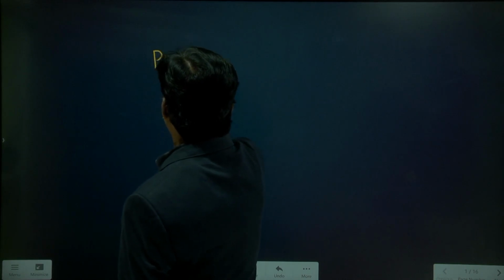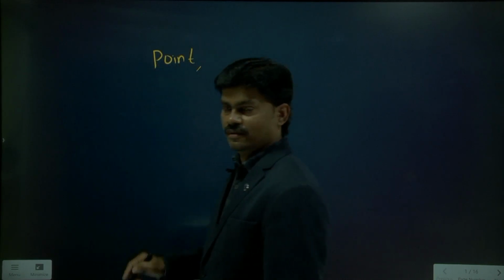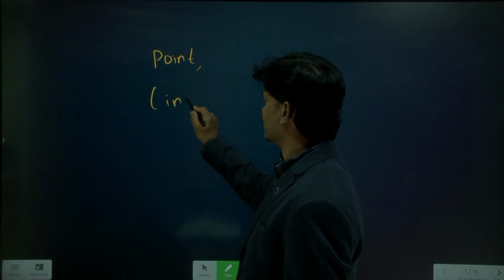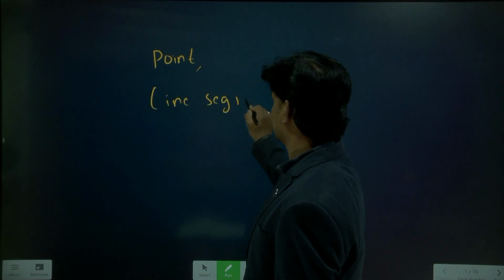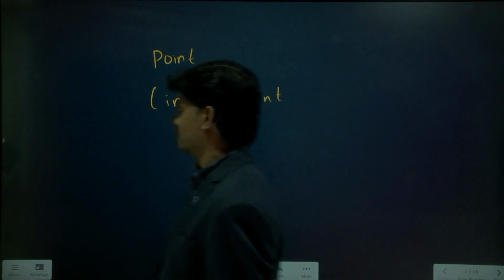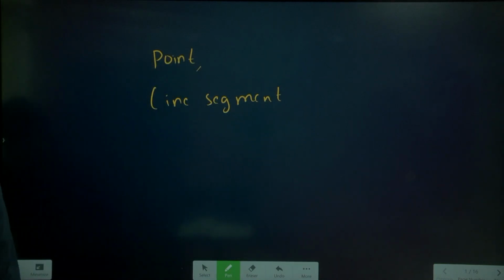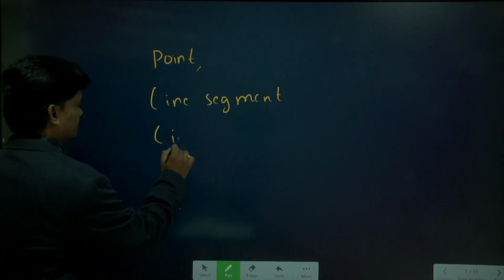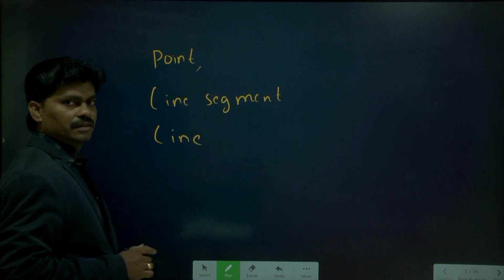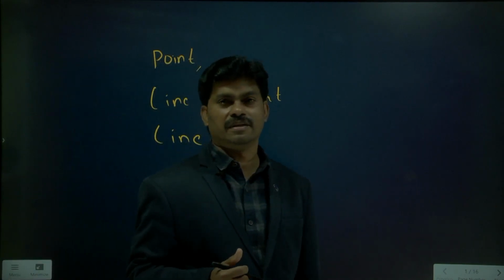So, introduction to geometry. In class 6 in general we can see all the definitions, examples and all. So what are those? We can talk about point and line segment. Next, point, line segment, line, and different types of lines, different types of points.